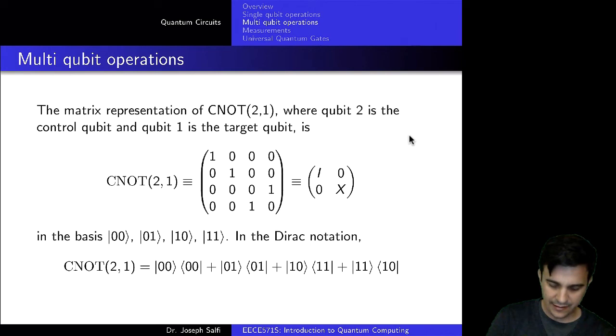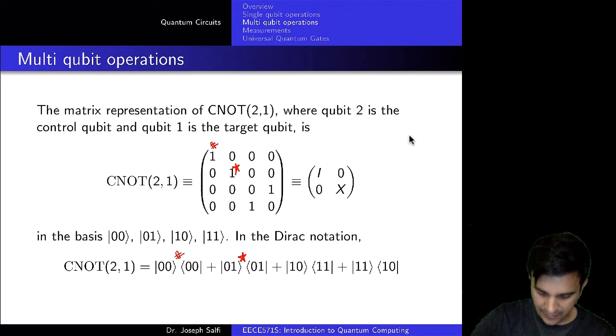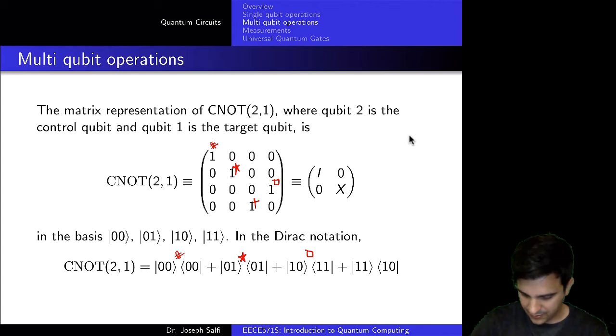So this entry here is this one, this one is this one, this one is this one, this one is this one, and this one is this one.